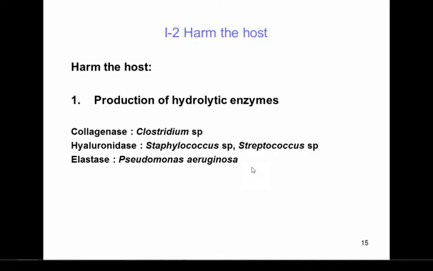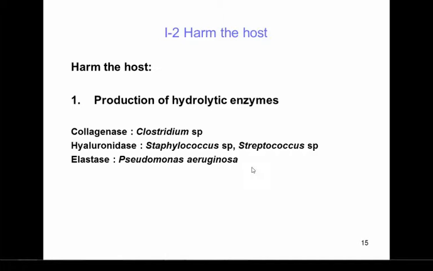Okay, so imagine this is an epithelium here, apical pole, basal pole. Bacteria will arrive here, start killing these epithelial cells. So they start to grow down here.